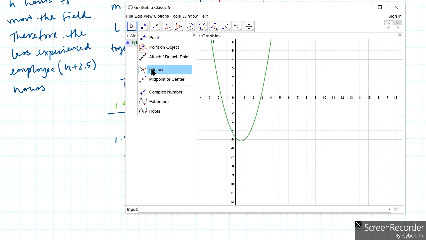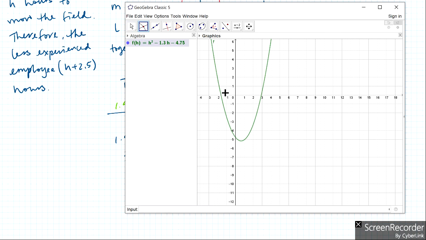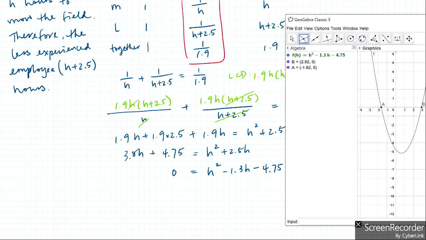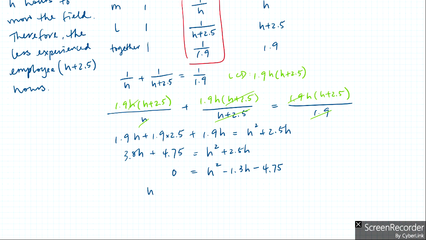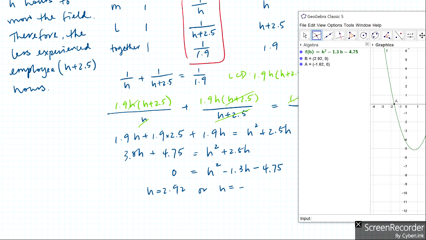I'm going to find the intersection between the function and the x-axis. That's where we can find the zeros. We found the two x-coordinates: H is equal to 2.92 or H is equal to negative 1.62.